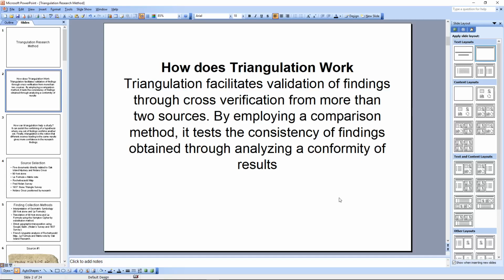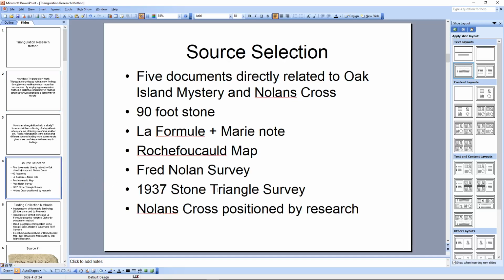Triangulation facilitates validation of findings through cross-verification from more than two sources by employing a comparison method. It tests the consistency of the findings obtained through analyzing a conformity of results. So I have 5 different sources.